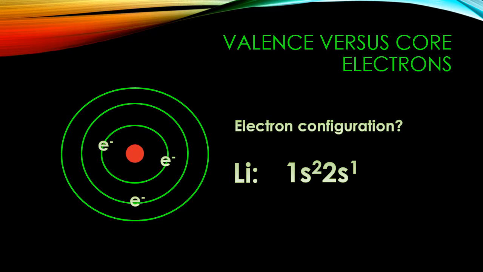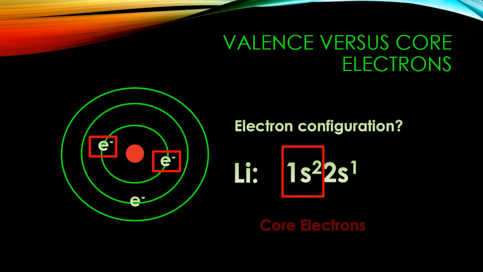What is important about the difference between a valence and a core electron? Well, see these first 2 electrons? They have the exact same electron configuration as helium, and we call these core electrons. I like to think of them as the ones on the inside, like an apple core.